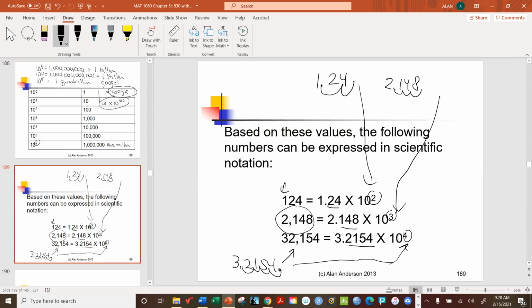Now, if you're not sure, I think your calculators are capable of doing scientific notation. Let's try this as an experiment. Let's say that you tried this one. Let's pick the last one. And you say to yourself, I'm wondering if I did this correctly. So if you go to your calculator, I'm pretty sure it can do this.